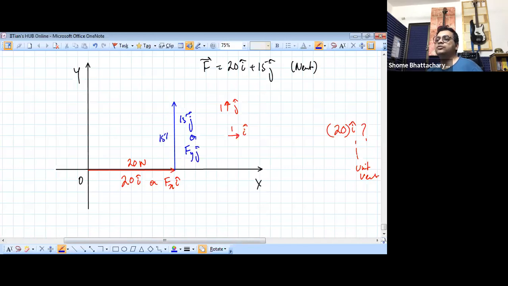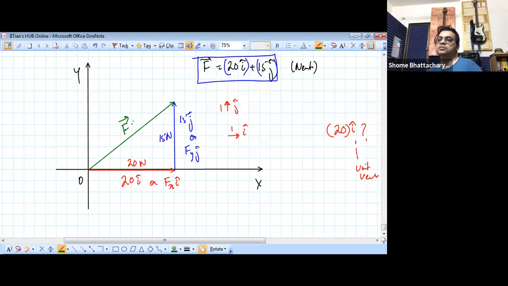It will be of magnitude 15 newtons. Now see what is the vector F. It is the sum of these two vectors. So in this diagram, the vector F is this.